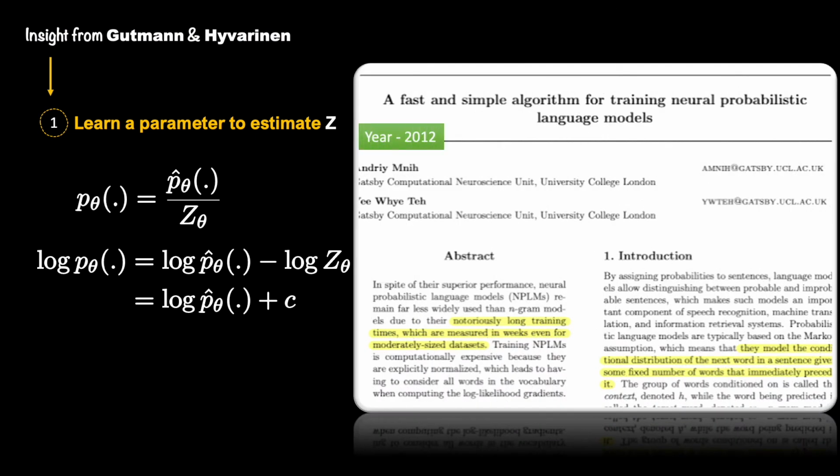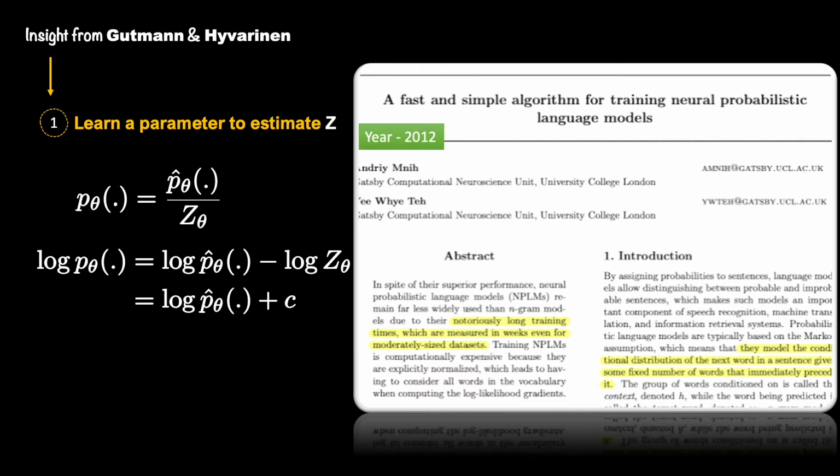So the next paper that really brought the work of Gutmann and Hyvärinen to the limelight is the one from Andriy Mnih in the year 2012.